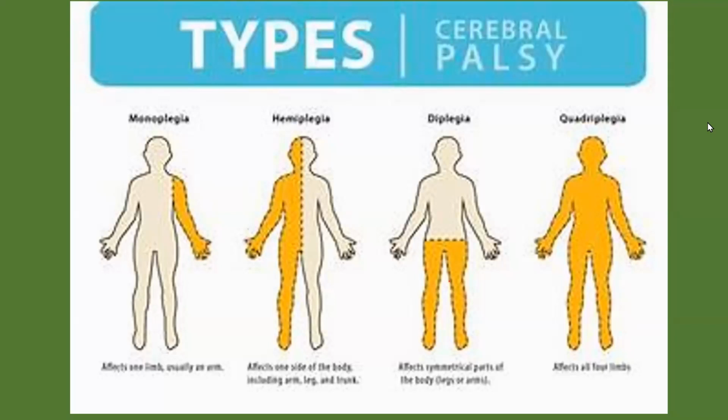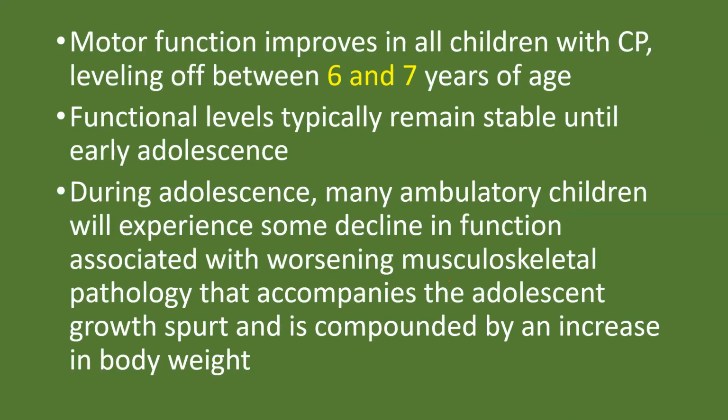Please don't forget it. What about the natural history? This is very important. Motor function improves in all children with cerebral palsy, leveling off between 6 and 7 years of age. Functional levels typically remain stable until early adolescence.